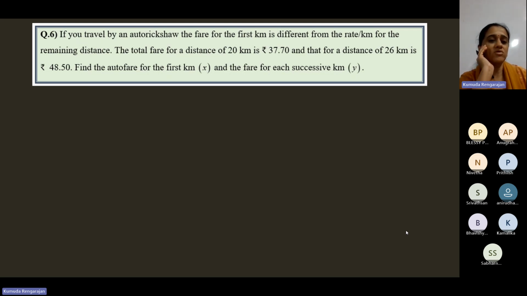So don't you think it should be X plus 19y is equal to 37.7, right? Because it's clearly given that the fare for the first kilometer is different from the rate per kilometer for the remaining distance. So for the first kilometer, we'll charge you X rupees, fixed. For the remaining distance, 20 minus the first kilometer, 19, into y.